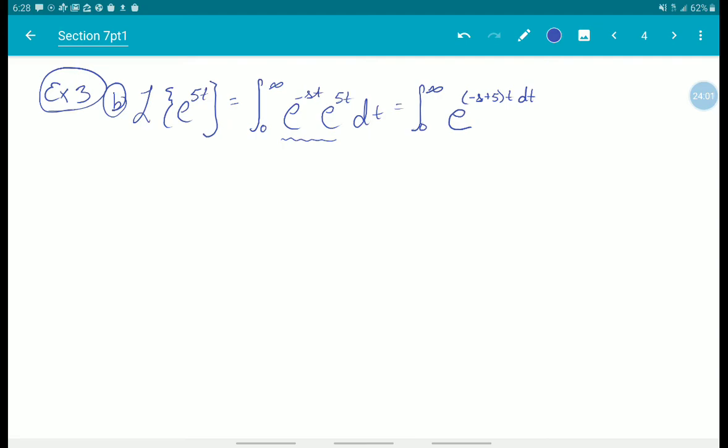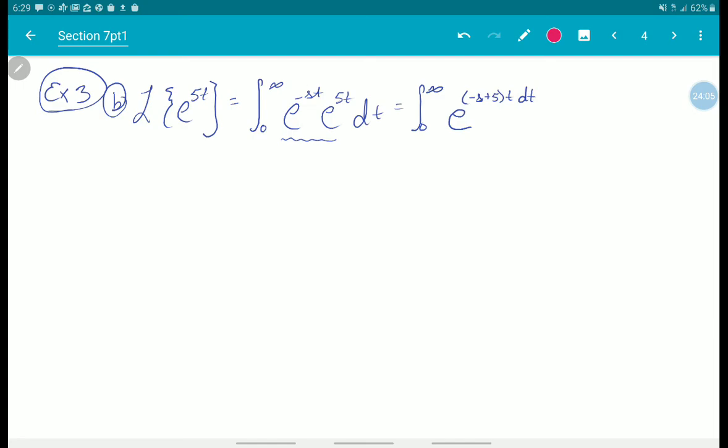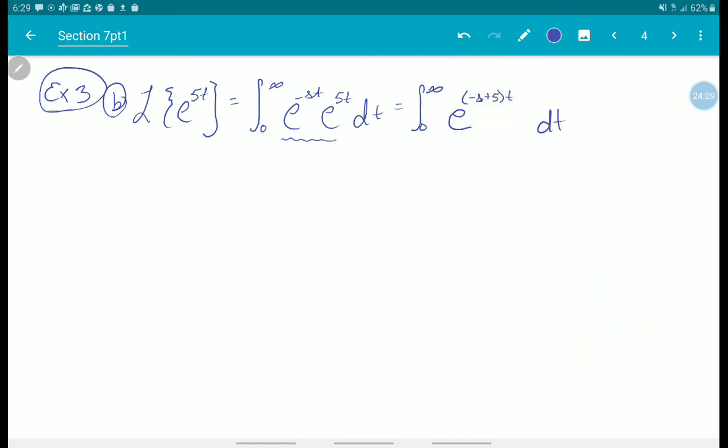I'm just going to do this shortcut way, but I think you'll understand why I'm doing that. So let's think about our u substitution here. If u is negative s plus 5t, du would be negative s plus 5. So we need the du here, and we can compensate with a 1 over negative s plus 5 out here.